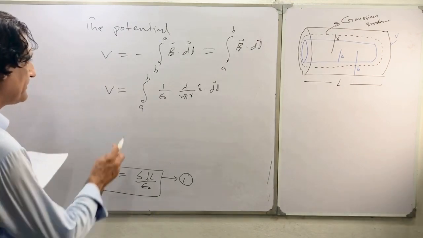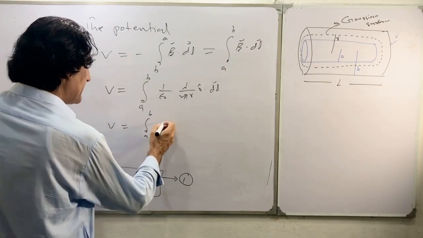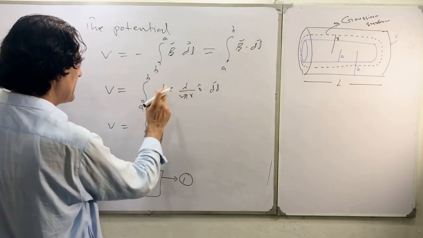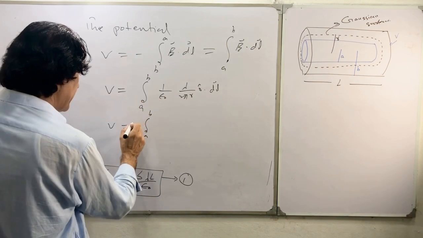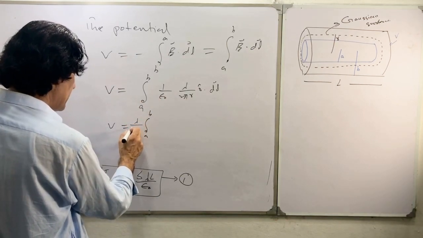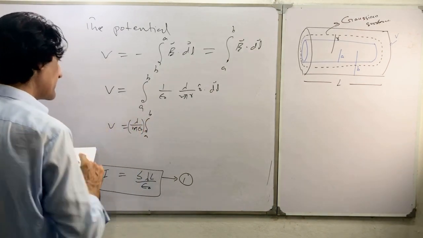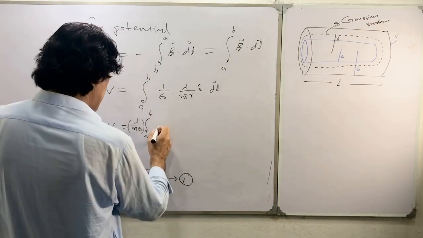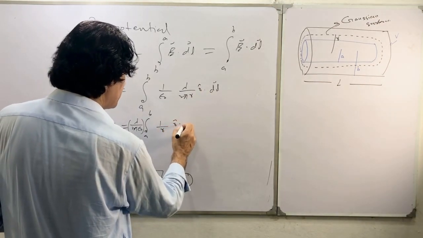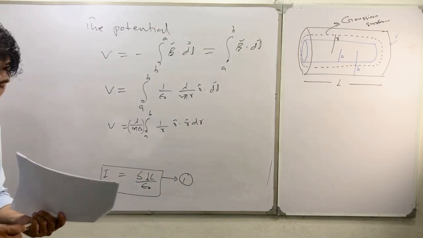So let's see, V is equal to the integral from A to B, and there are some constants: lambda, epsilon naught, and 2 pi. So lambda divided by 2 pi epsilon naught. These terms are constants, so we will have only 1 over r, with r hat a unit vector, and dr we can write down like this.